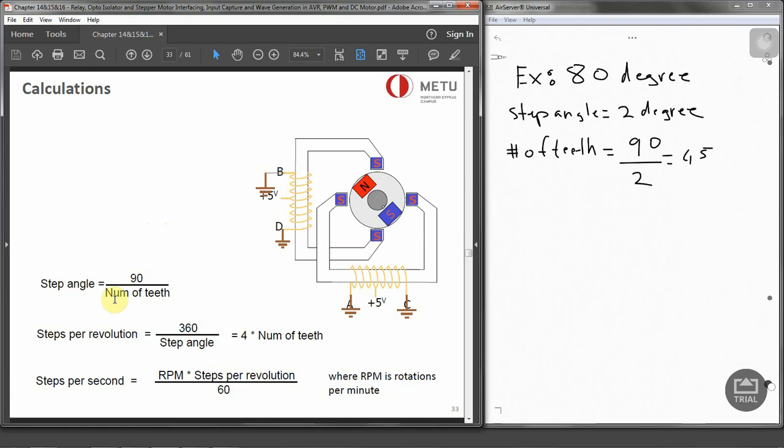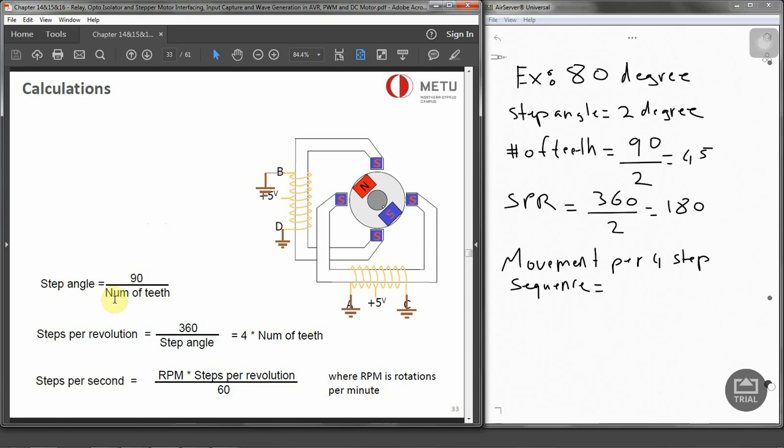And steps per revolution, SPR, is going to be 360 divided by 2, 180 steps per revolution. The movement per 4-step sequence is going to be the 4 steps multiplied by the 2 degrees, which will be 8 degrees.